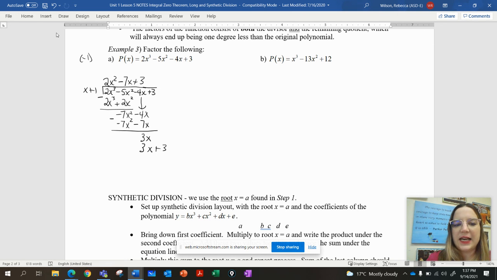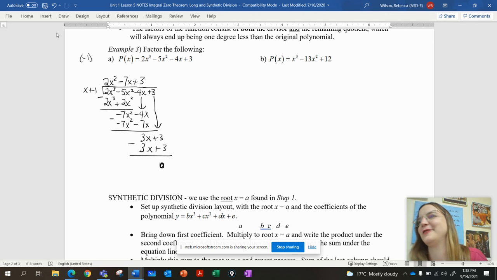I bring down any like terms from the original expression. Here's where it's fun. What's 3x plus 3 minus 3x plus 3? 0. Yay, that means we did it right. We should get a remainder of 0 if we did it right.